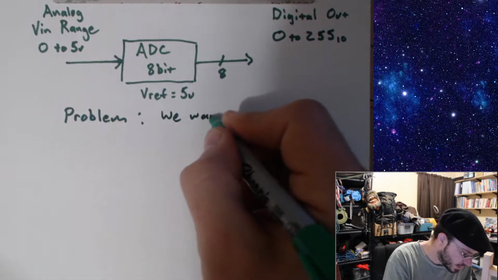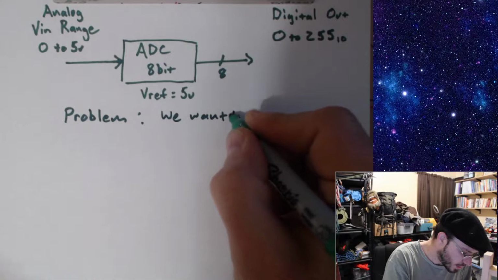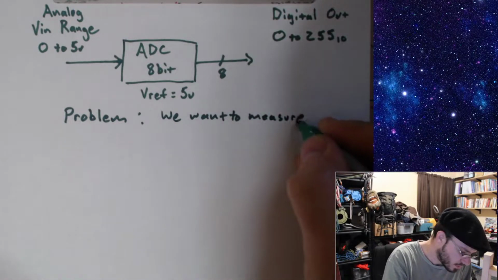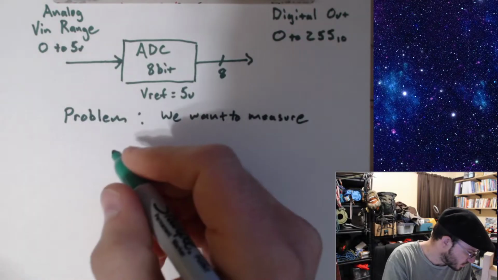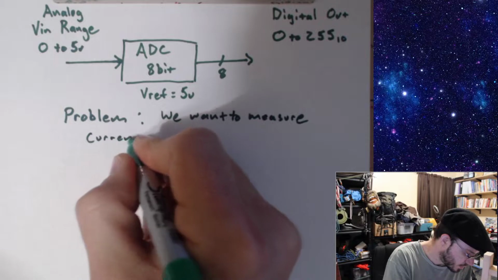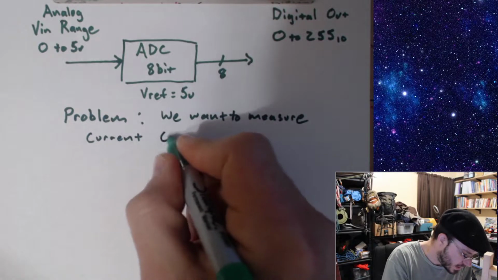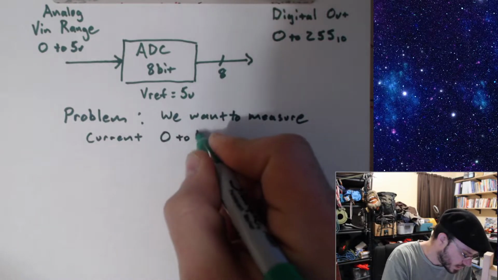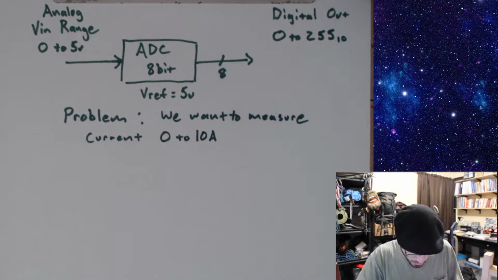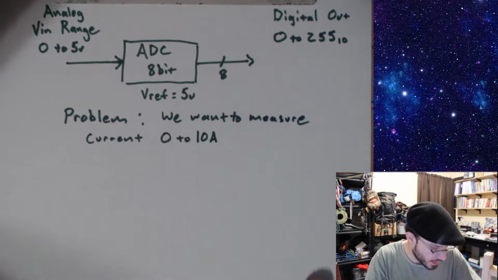We want to measure current, 0 to 10 amps. Now, why would we want to measure current? Maybe not a bad idea to talk about this.